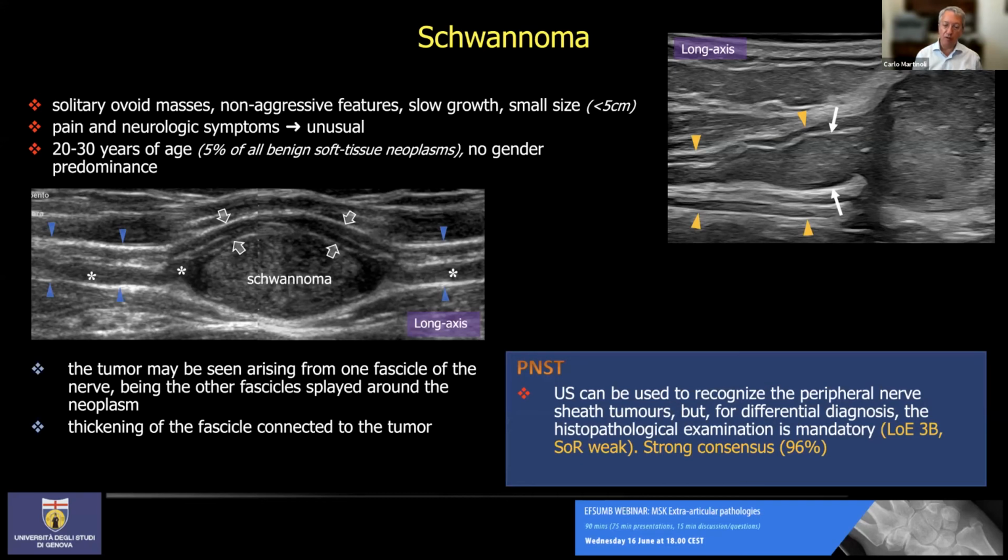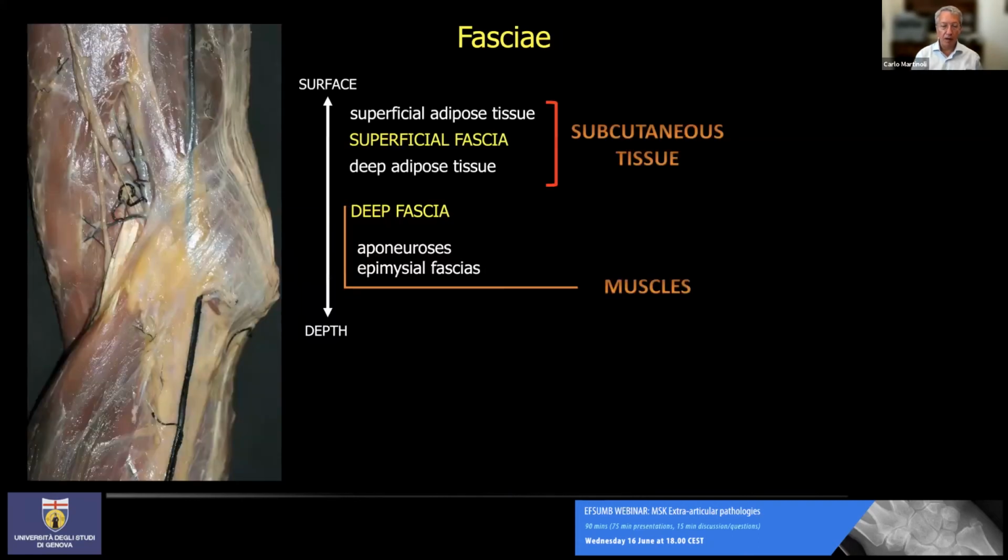Then, in terms of histopathological differentiation, of course, there are specific features for peripheral nerve sheath tumors, but for a precise differential diagnosis, the biopsy or the resection of these masses is needed to obtain a correct diagnosis of the histotype.